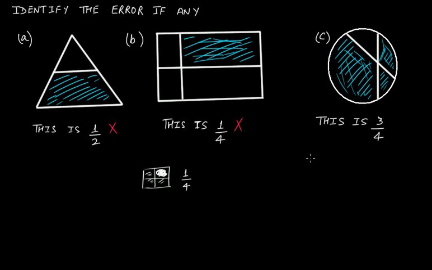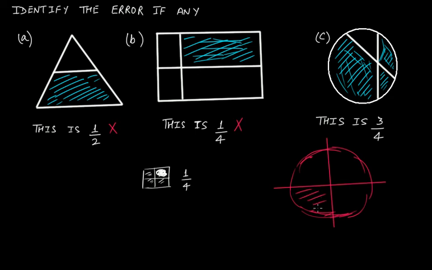Had it been the case that, let's suppose this is a perfect circle, and it was divided into four equal parts, and it was asked about these three shaded portions, then you can say that this is 3 by 4, because the circle was divided into four equal parts and we are taking three shaded portions.